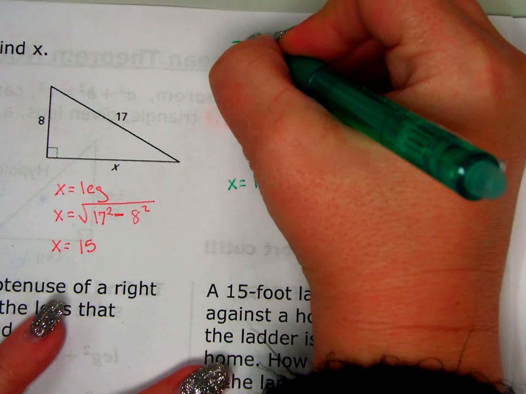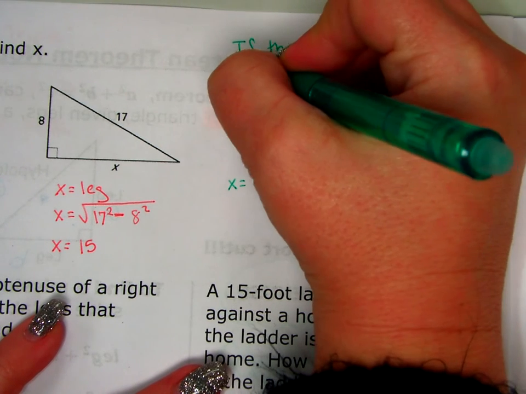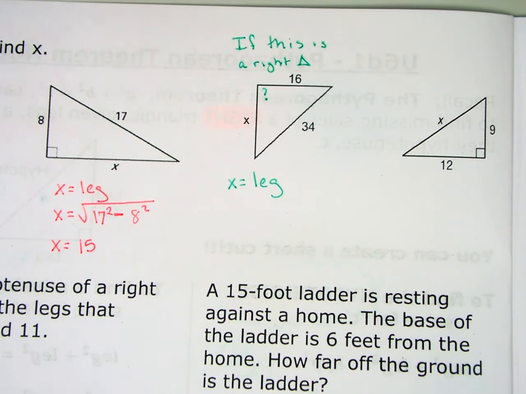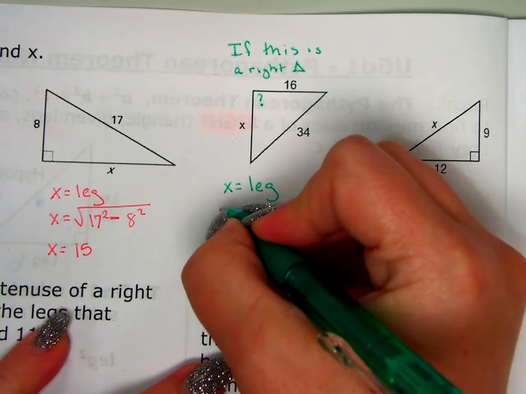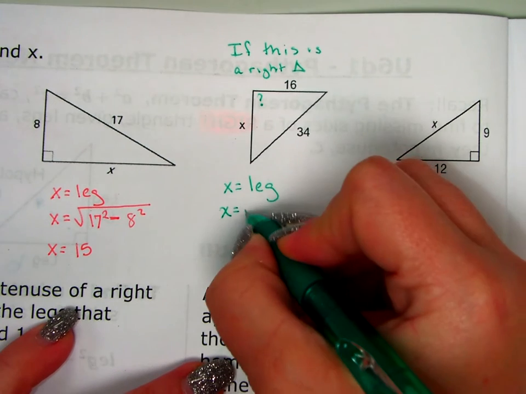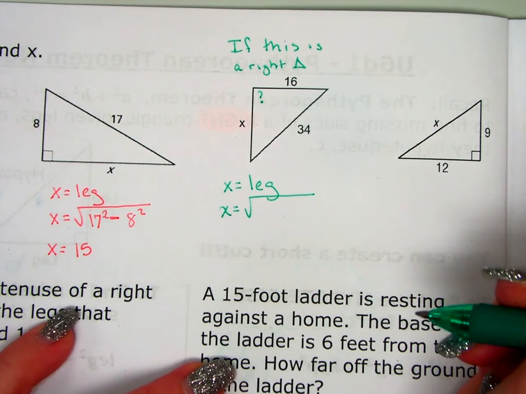But if it's a right triangle, then let's find out what x is. What do we need x to be for it to be a right triangle? Okay? So if x is the leg of a right triangle, then are we going to add or subtract to find it?